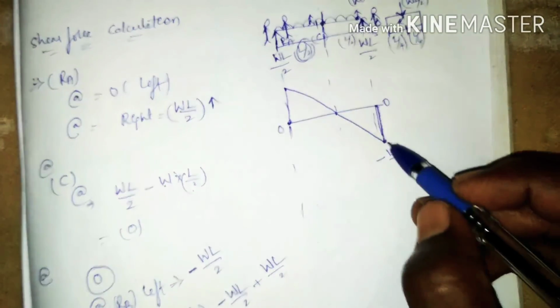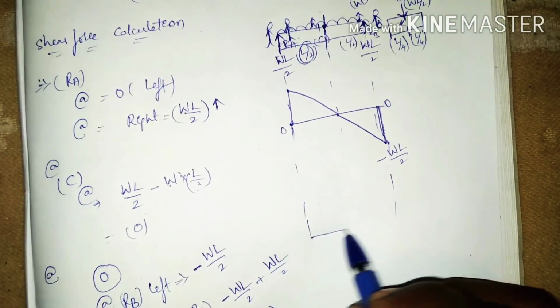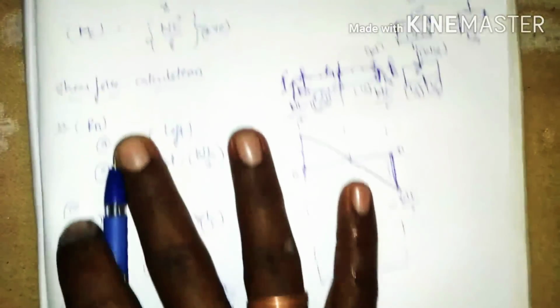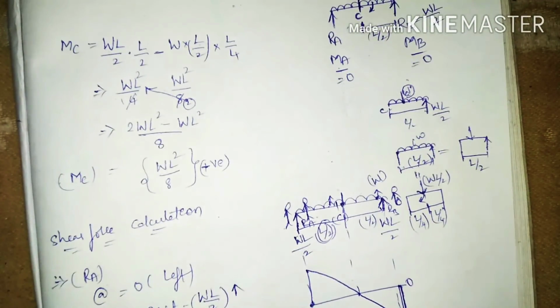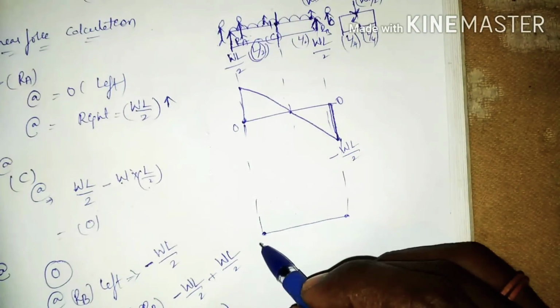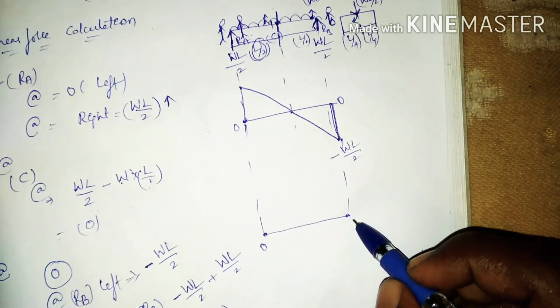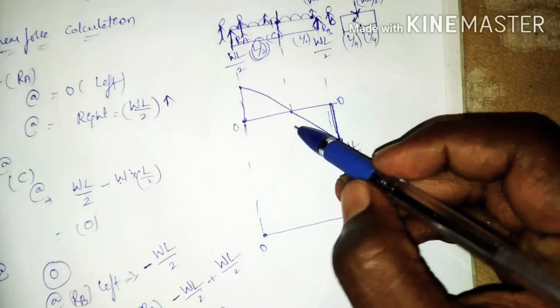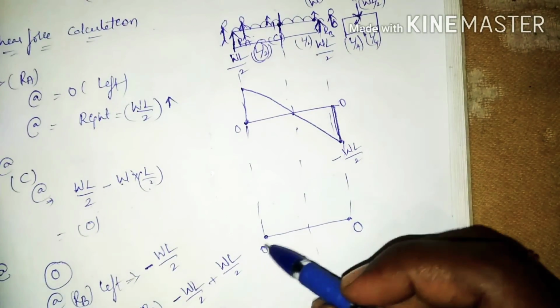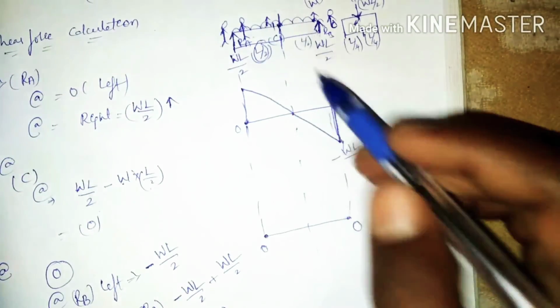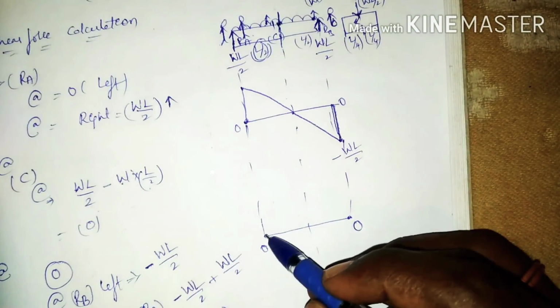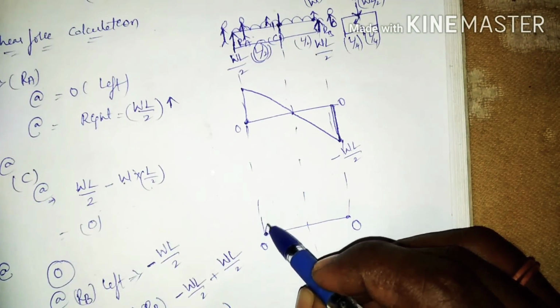And next we are going to have the bending moment. As earlier we discussed, moment about A is equal to 0 and moment about B is equal to 0. We are going to have only one moment, about C. Here we have an entire UDL, so it is having a curve like this.